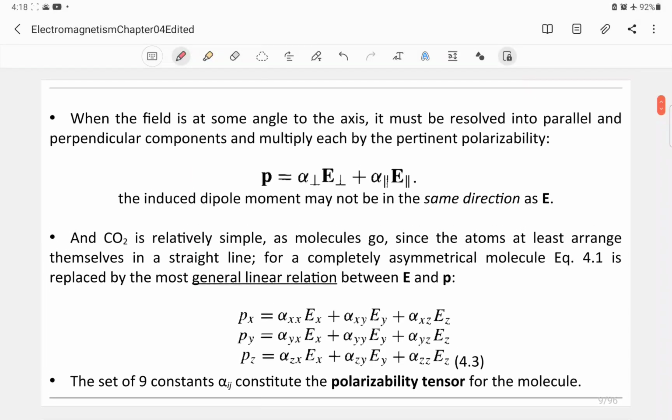So here your dipole moment has two terms: the atomic polarizability perpendicular to the field, which is not zero, and also the atomic polarizability parallel to the direction of the field.